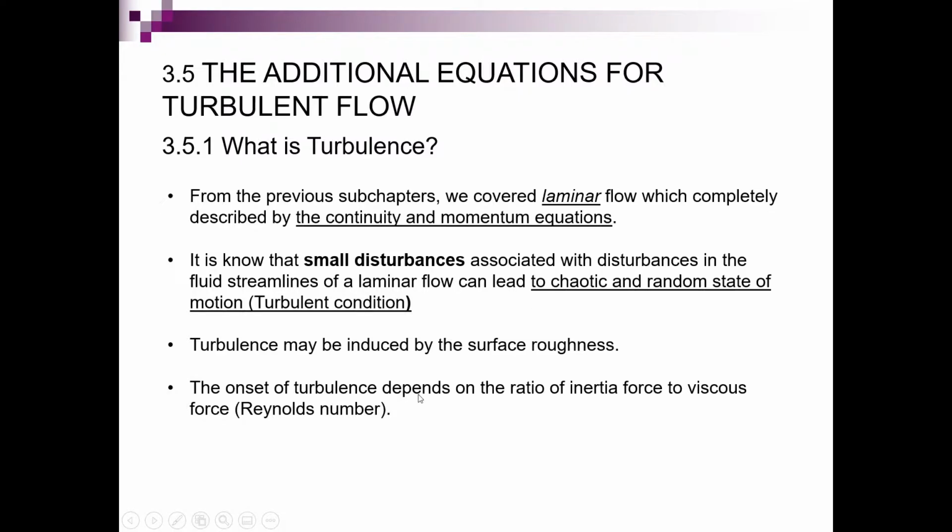The onset of turbulence depends on the ratio of inertial force to viscous force, which is also known as Reynolds number. As we know, for laminar flow, Reynolds number is small, which means that the viscous force is high with respect to inertial force.